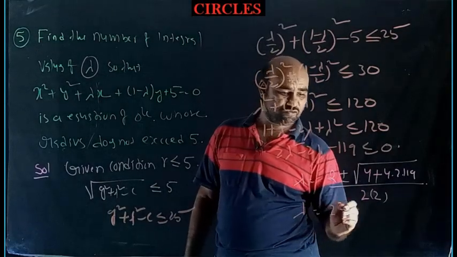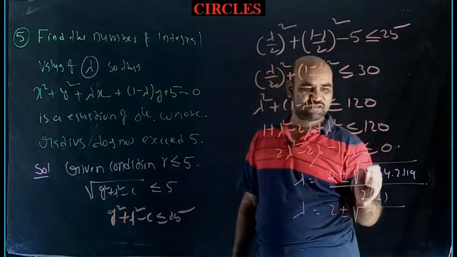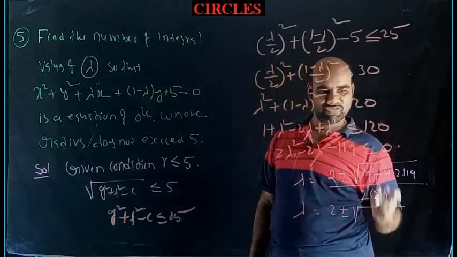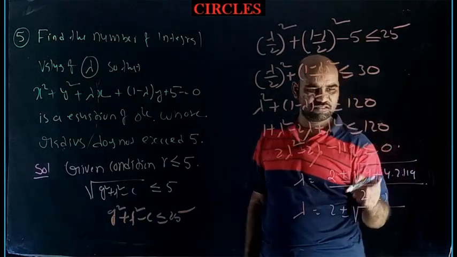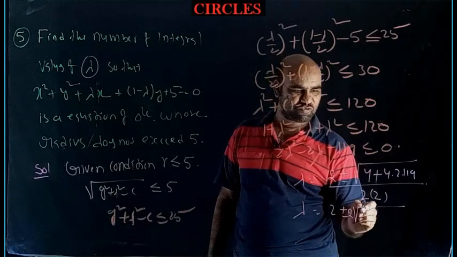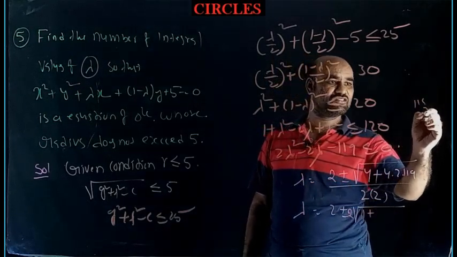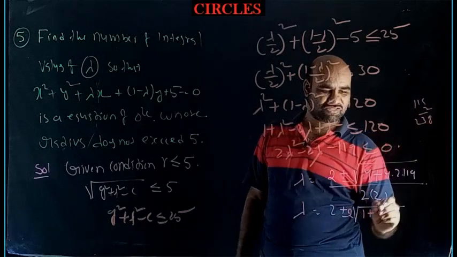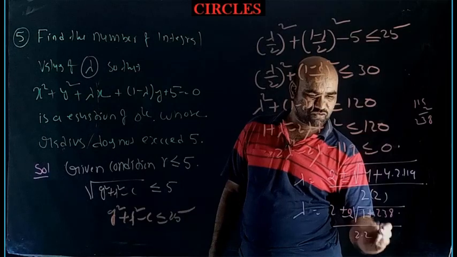Lambda equal to 2 plus or minus root over 4, you can take 4 common, somewhere you can divide it by 2. If you take 4 common, it will become 1 plus 9, 119 times 2 is 238, by 2 into 2. The 2 cancels.